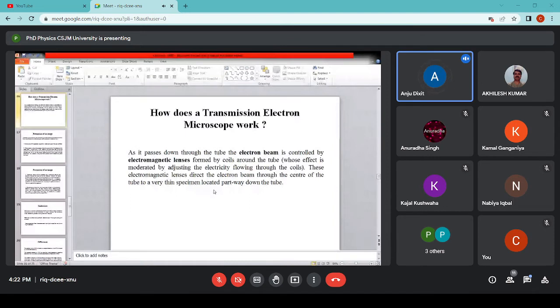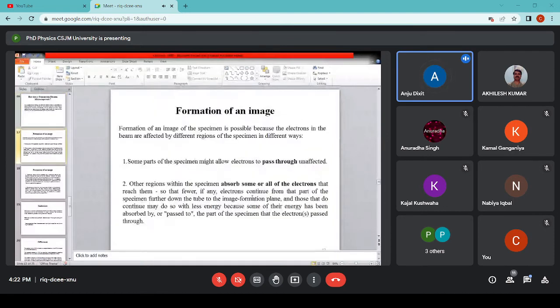Formation of an image. In this part, I will be explaining how the formation of an image takes place. After passing from the illumination system to the objective lens, that is the heart of the TEM, we have this formation of image. So I'm going to discuss that.